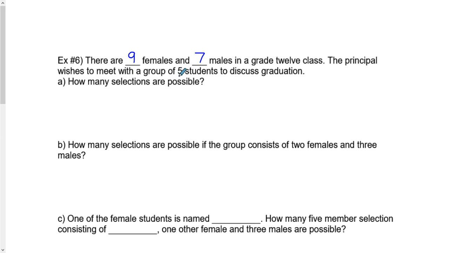If the principal wants to just select 5 students, how many selections are possible? Well, if there's no stipulation on it, we just have 16 students, and just 5 of them need to be selected. So 16C5 is 4,368.